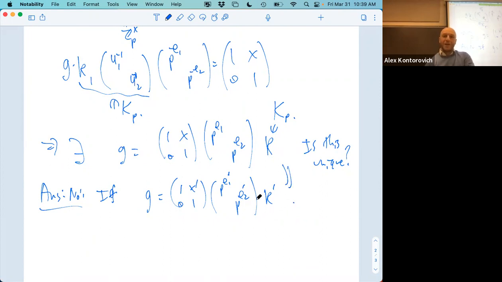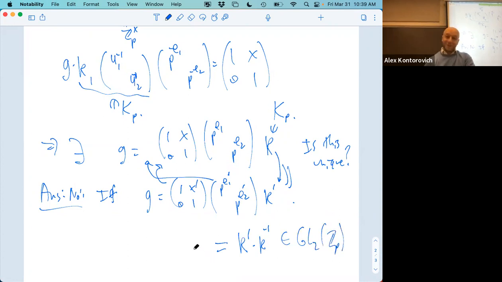So here's what we can do. I'll multiply by the inverse of this over here, and the inverse of that over there, and the inverse of this over here. So I think what I'm going to get is K prime times K inverse. The purpose of doing that is that this is in K, this is in GL2 Z_p. So that gives me information.